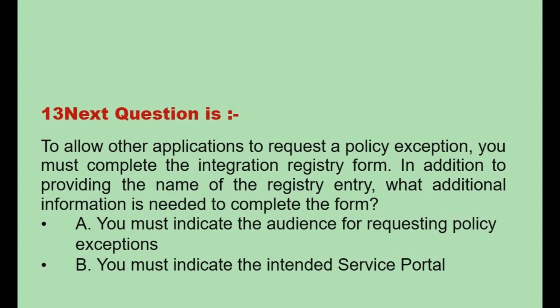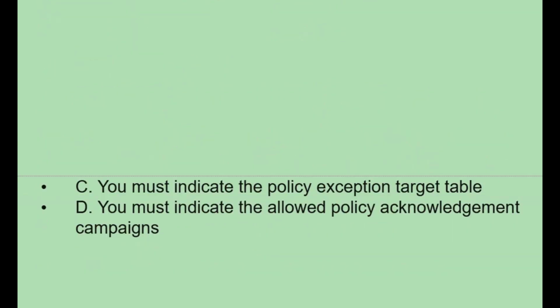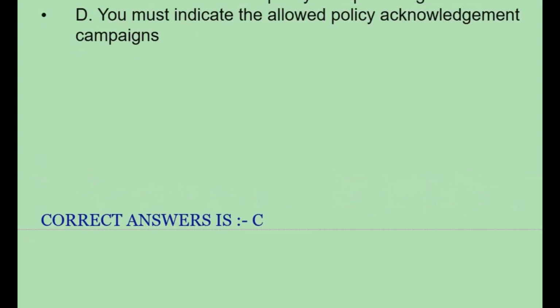Option B, you must indicate the intended service portal. Option C, you must indicate the policy exception target table. Option D, you must indicate the allowed policy acknowledgement campaigns. Correct answer is option C.